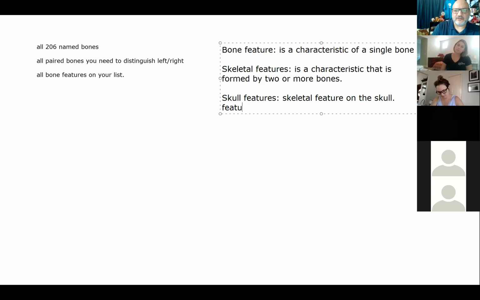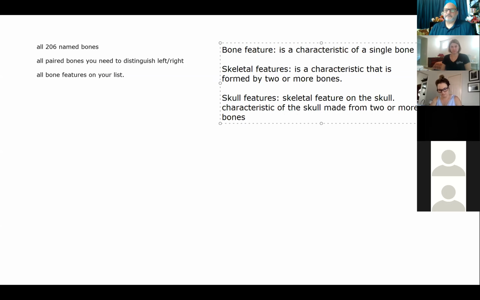Well, let's change our wording. It is a characteristic of the skull that is made from 2 or more bones.